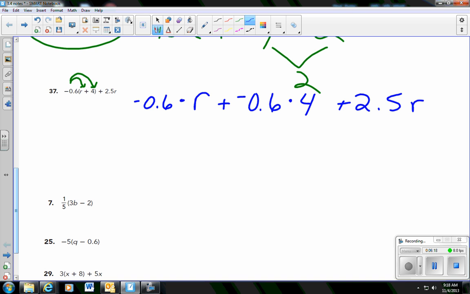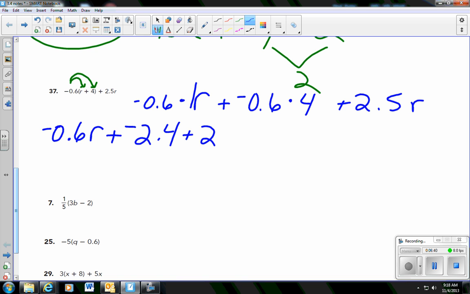So you do your multiplying, well, negative 0.6 times 1r would be negative 0.6r. Then negative 0.6 times the 4. So we're adding here, and we get negative 2.4.